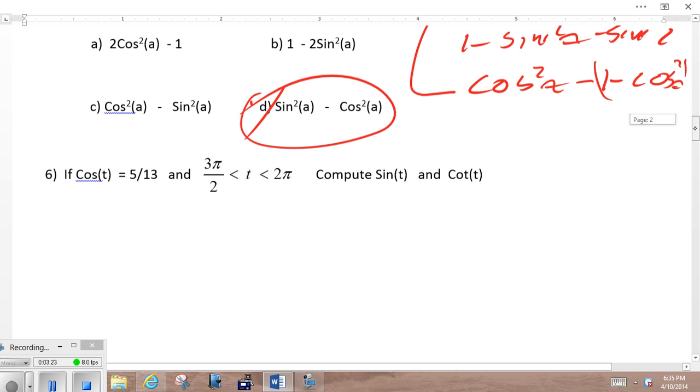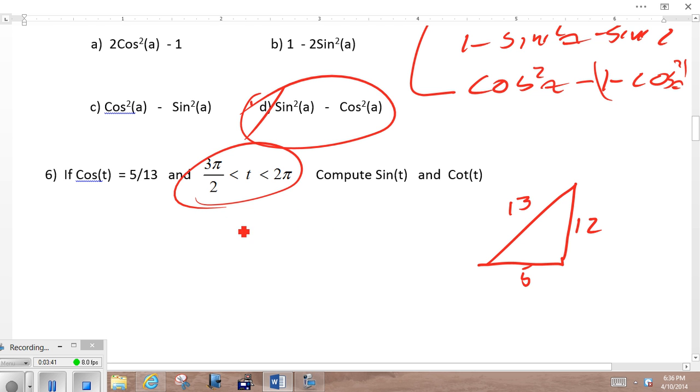Cosine equaling 5/13. What is the sine? Of course, this is just a right triangle. The cosine is 5/13, so that's 12. Okay, and then this is telling us the quadrant, which is in the third quadrant. So the sine is going to be negative.